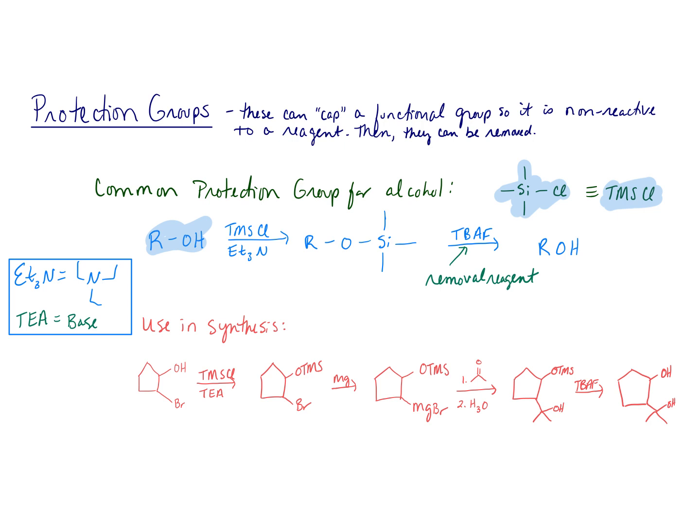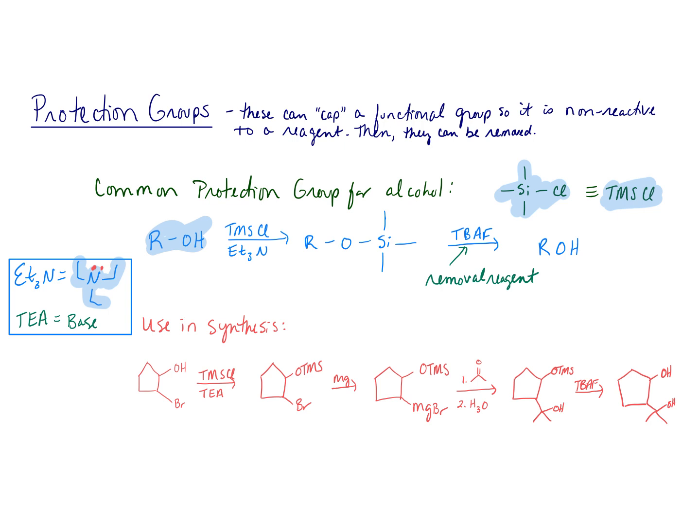So triethylamine is a nitrogen in the center with 3 ethyl groups coming out from that spot. Keep in mind this has a lone pair of electrons right there, and so it can act as a base. We also refer to this as TEA, not to confuse that with actual tea that people drink.